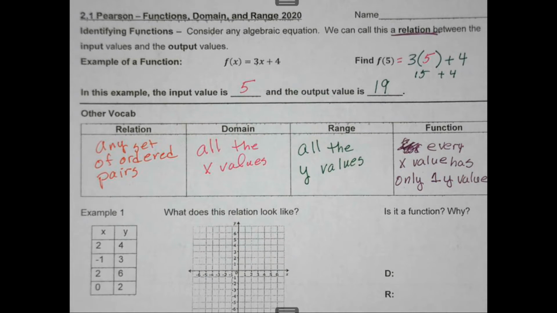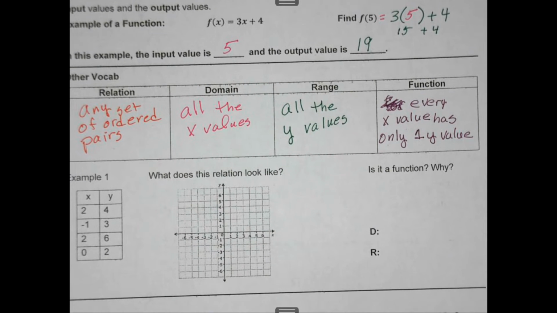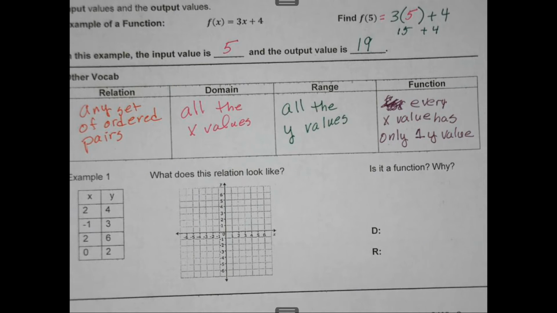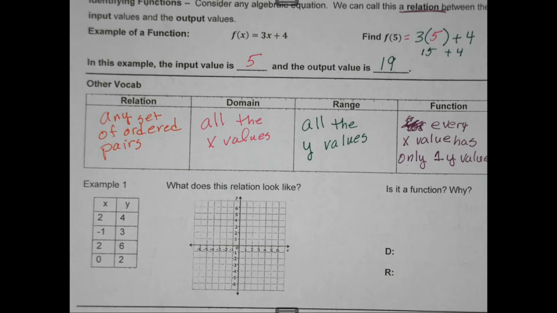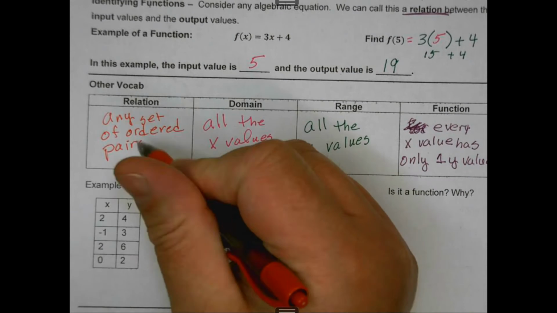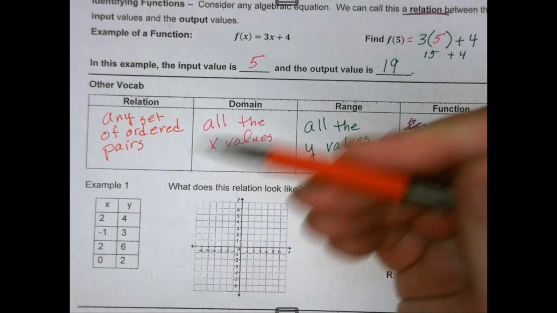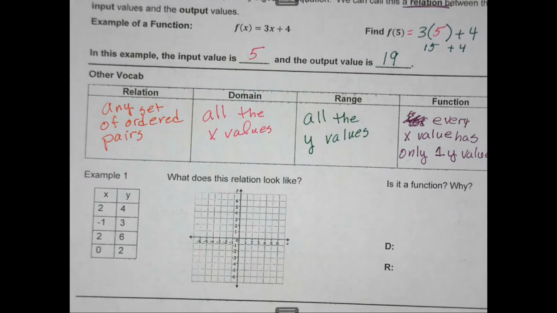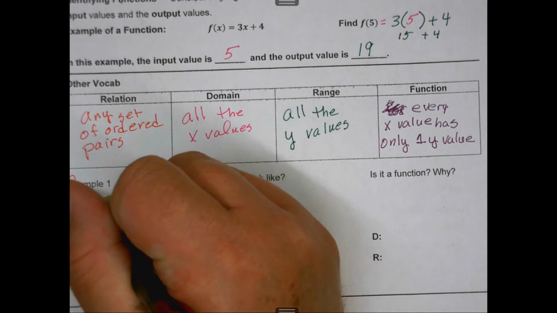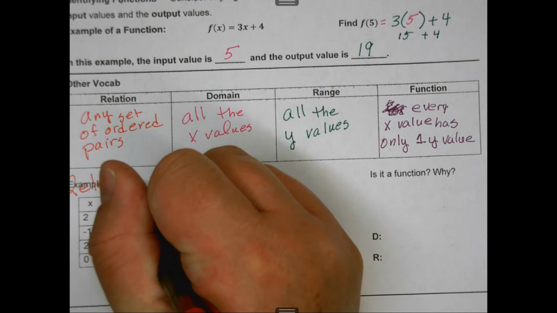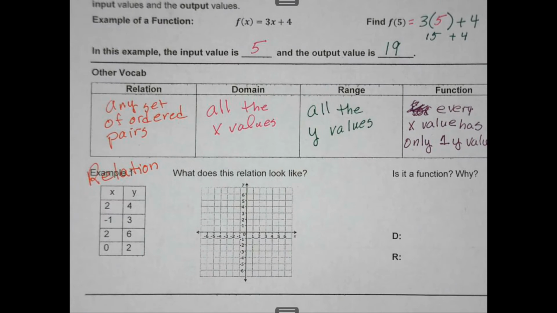Okay, so let's look at an example of some of this terminology. Looking at example 1, we have a chart, a visual chart of ordered pairs. Well, remember, we're going to try to use the word relation from this point on. So I have a relation between some numbers, and it happens to be ordered pairs.